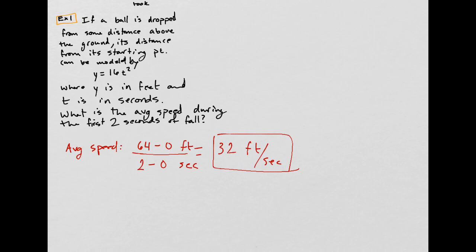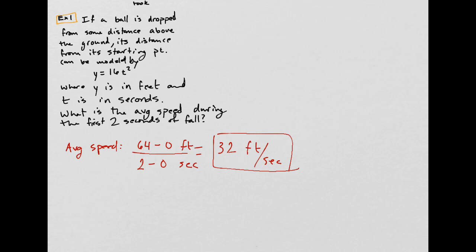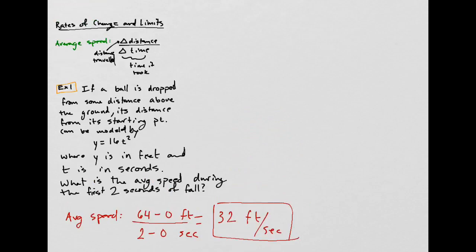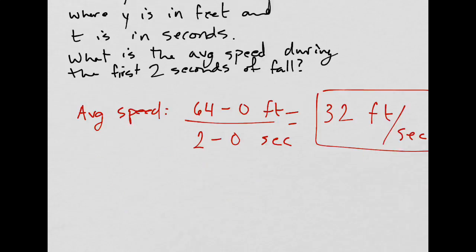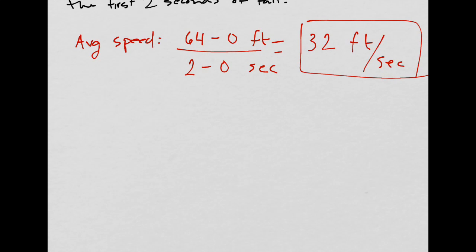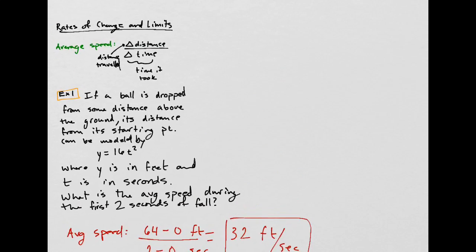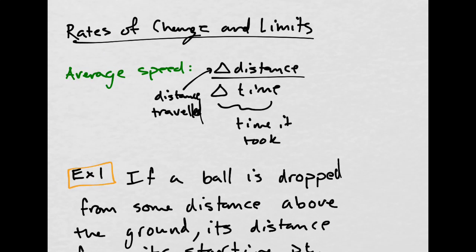Now suppose we want to find the instantaneous speed at t equals 2. We can tweak the formula so that it gives us an idea of what an instantaneous speed would be. So how would we figure that out? The idea is, what if we chose some really small time interval around 2?